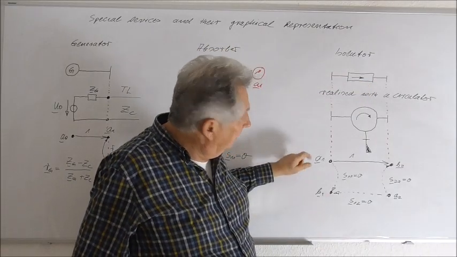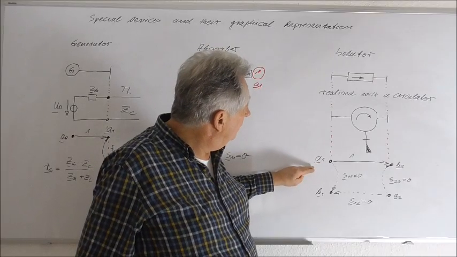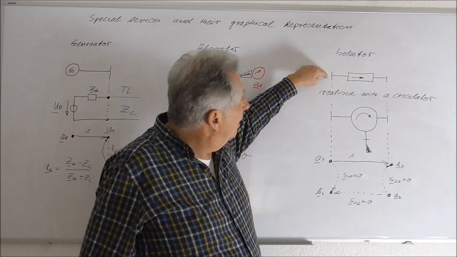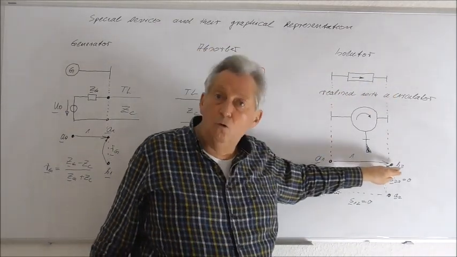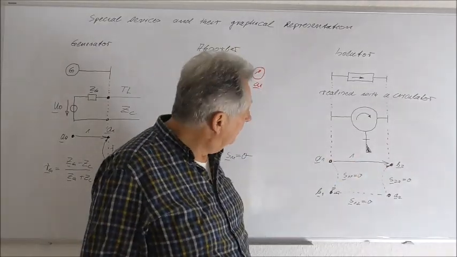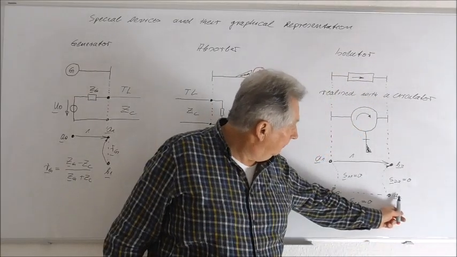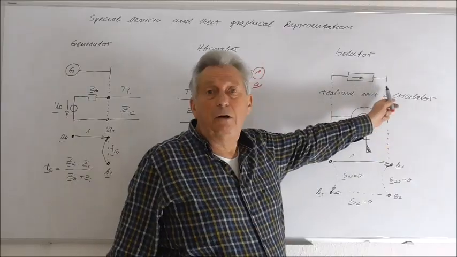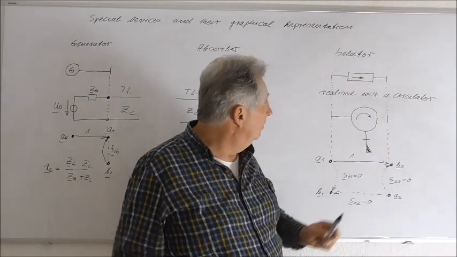So the signal flow graph of an ideal isolator looks like this, that a wave which enters into the isolator will essentially go through. Of course, there will be a phase change, but this is not of interest at the moment. But as soon as a wave is reflected or enters into the isolator from the wrong direction, then it will be absorbed in the isolator.